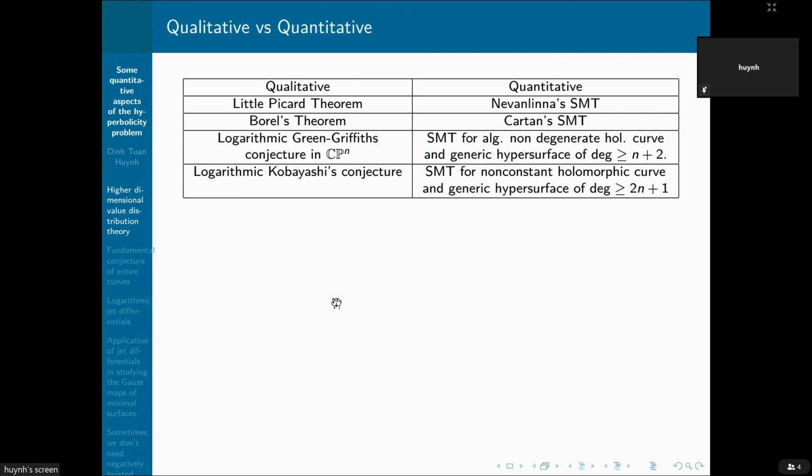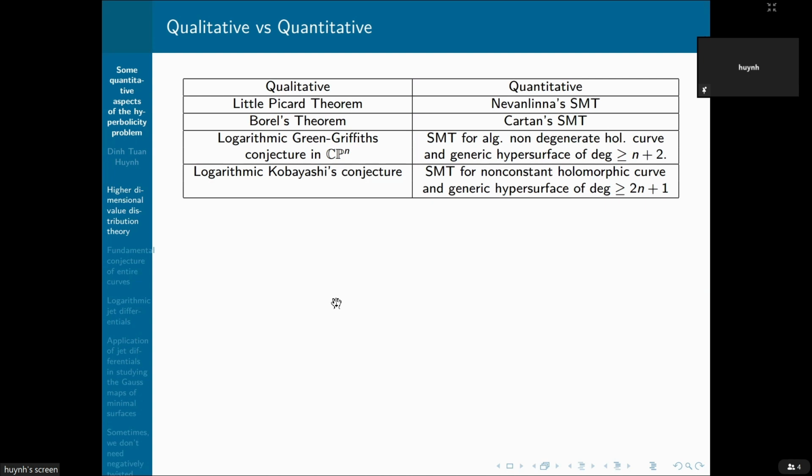And in CP^n, you have the Borel theorem that tells you that if an entire holomorphic curve avoids a family of n plus 2 hyperplanes in general position in CP^n, then its image is contained in one diagonal hyperplane. And in the quantitative aspect, we have the second main theorem.